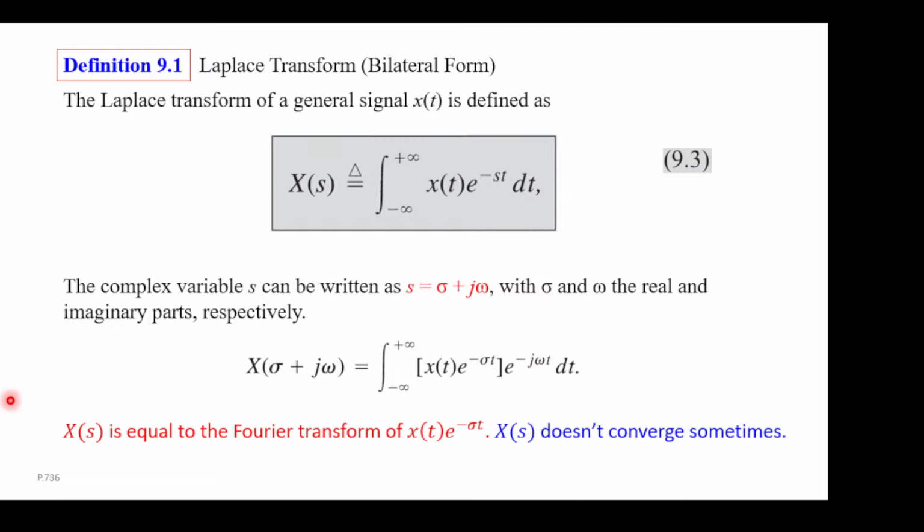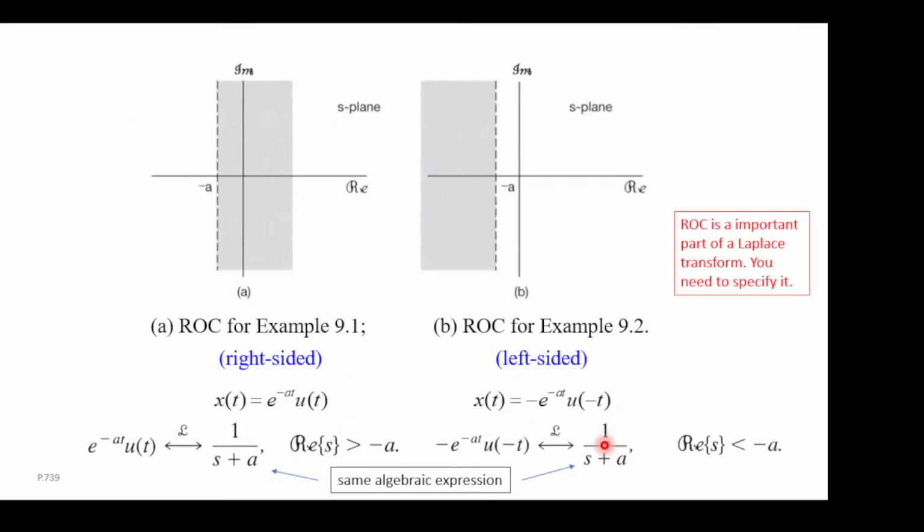So we do this derivation, and we see that X of s equals the Fourier transform of x of t times e to the minus sigma t. If sigma equals 0, then your X of j omega is just the Fourier transform of x of t. And as we say, X of s doesn't converge sometimes, and what we really mean is that there is a concept of ROC here.